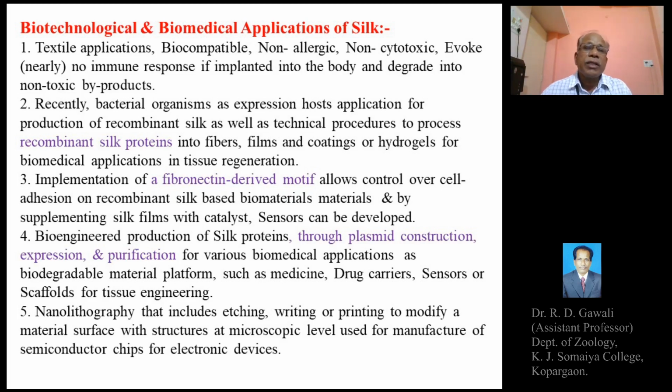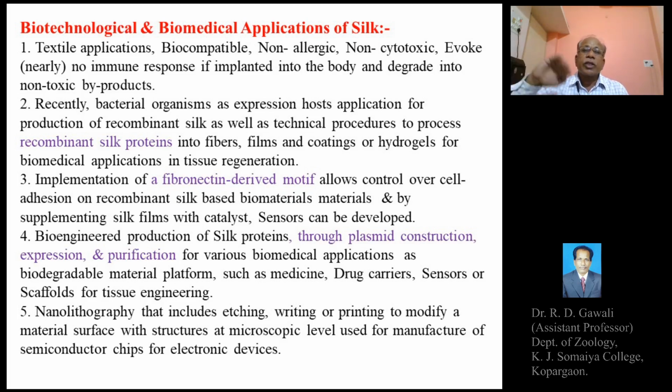Then bioengineered or genetically engineered production of silk proteins can be done by using the plasmids. So this technique has some steps, that is construction of plasmids, expression of plasmids and the purification.